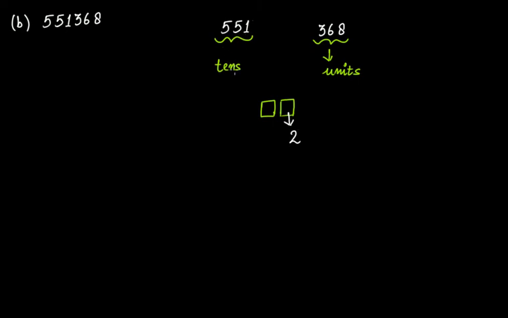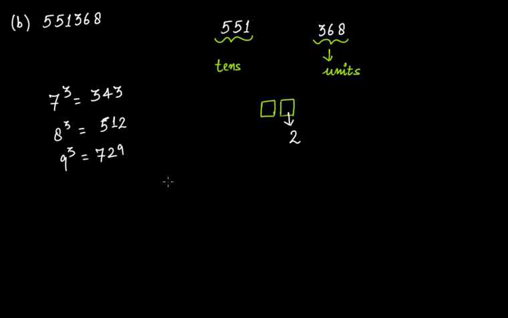This is 551. Now tell me, what is 7 cubed? 7 cubed is 343. What is 8 cubed? 8 times 8 is 64, and 8 4s are 32, 512. And 9 cubed is 729.